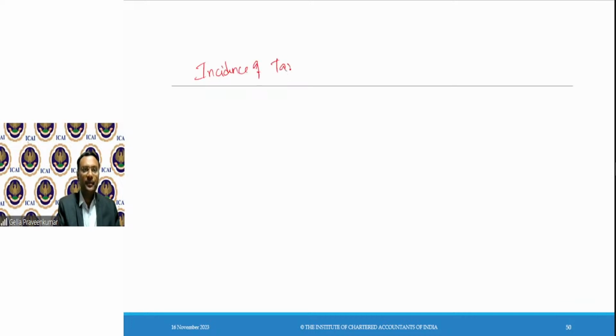Most of you would have read this technical term, unjust enrichment, incidence of tax, or the other term for this is your burden of tax.